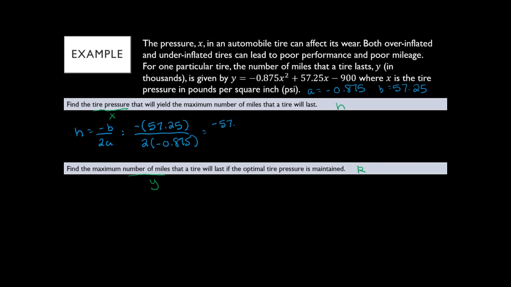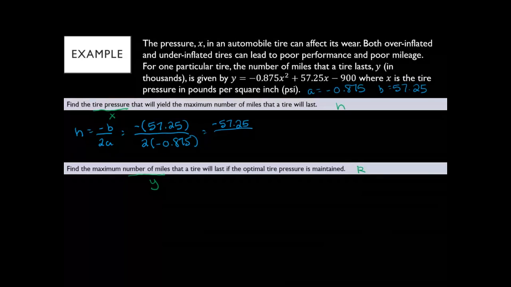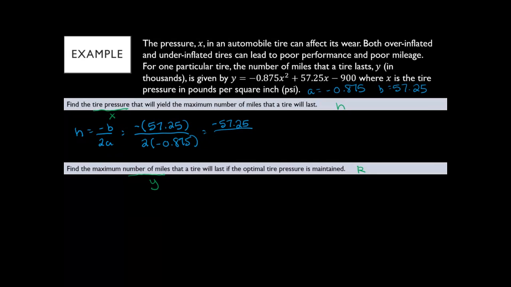So we get negative 57.25 over, calculator time, negative 1.75. We have two negatives, so we're going to get a positive, which makes sense because you should have a positive tire pressure. We have not invented negative pressure yet. Well, negative pressure does exist, but we don't do it in tires. So you divide these, and it comes out to 32, and I have lots of decimal places, so I'm going to just write them all out.